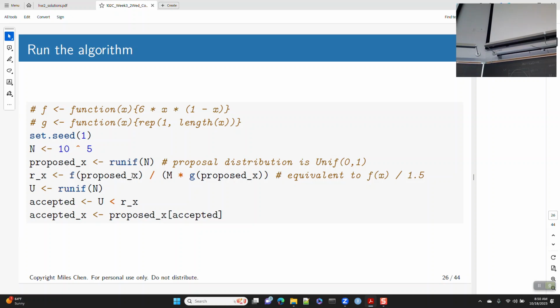Here I get 0.54 divided by 1.5, which is something a little bit more than a third, around 0.35-ish. I'm not satisfied with not knowing the exact value: 0.54 divided by 1.5 is 0.36. So we will accept it with probability 0.36. That calculates my acceptance rate here.